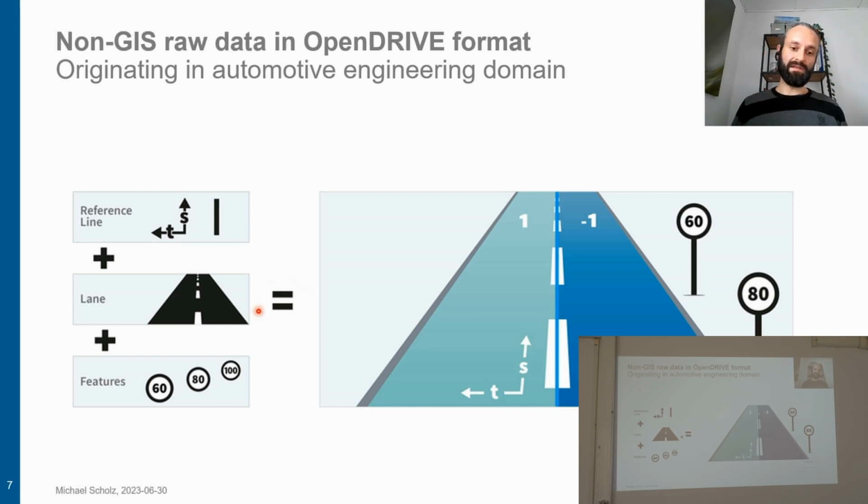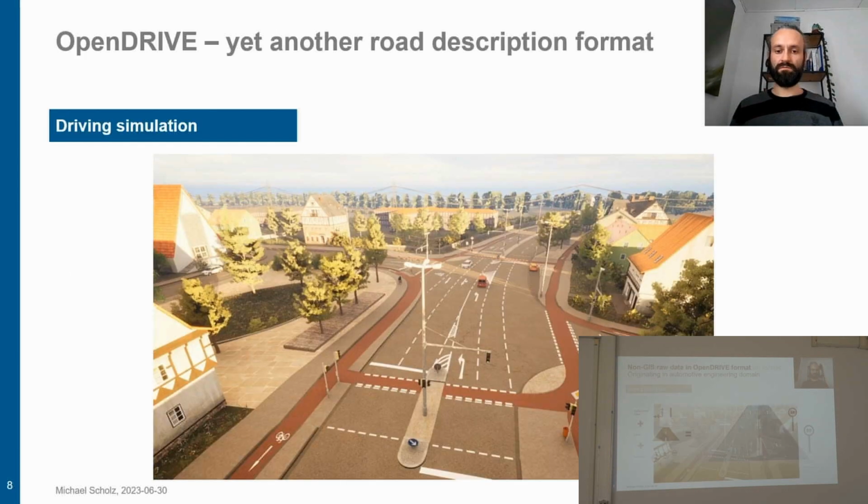This means that a lane is not geometrically modeled through ground control points, but described with the width information or a distance from the reference line. And it's not a constant value, but it can also be a cubic polynomial of the width of a lane. And infrastructure elements are also either referenced relatively to the reference line or might be positioned with absolute coordinates.